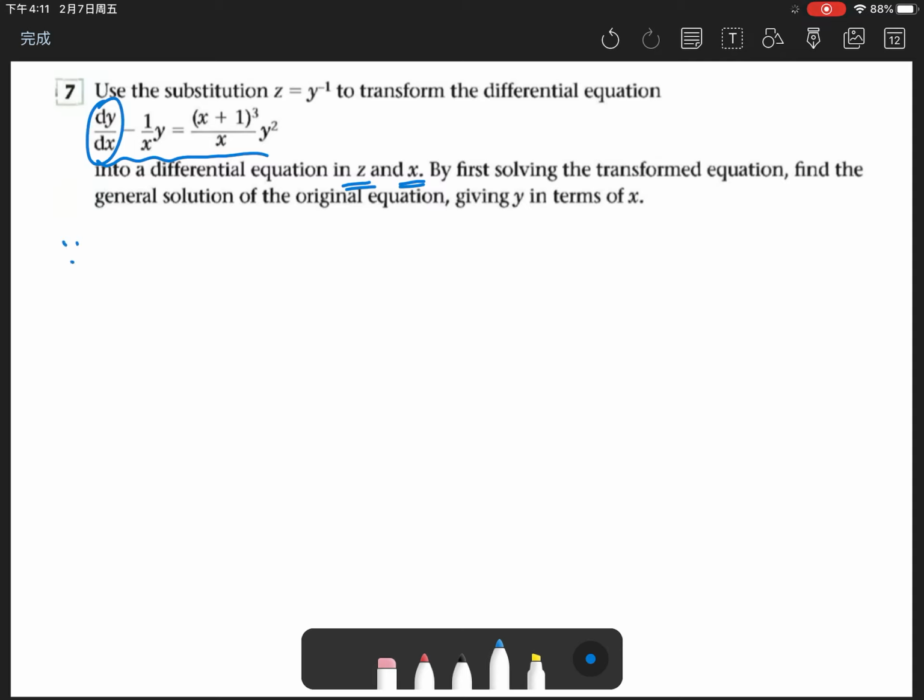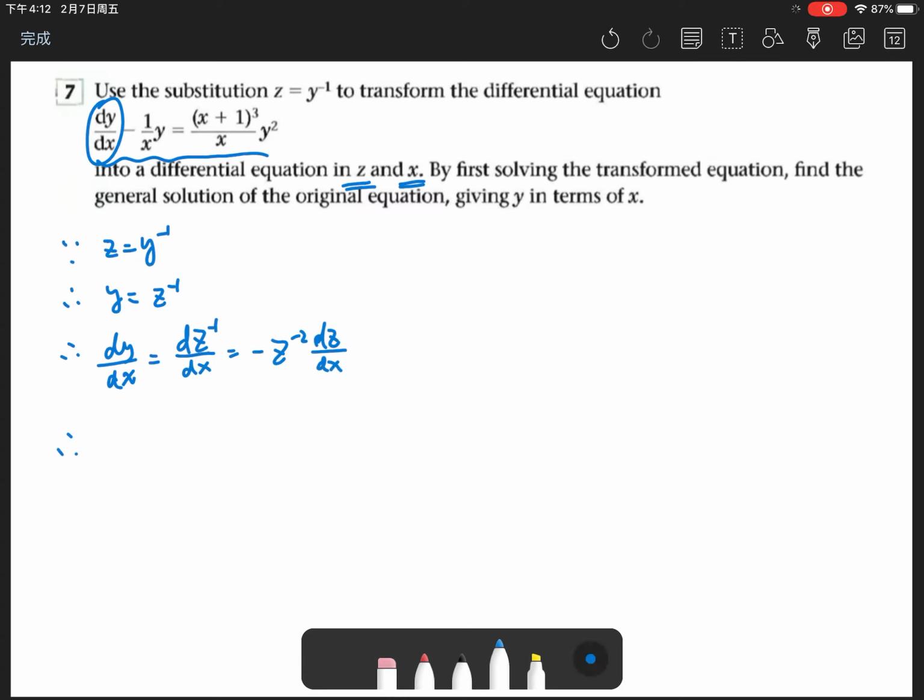So we should replace dy by dx, so we should make y the subject. Because z equals y to the power of negative 1, y equals z to the power of negative 1. So dy by dx equals d z to the power of negative 1 by dx, which equals negative z to the power of negative 2 times dz by dx.